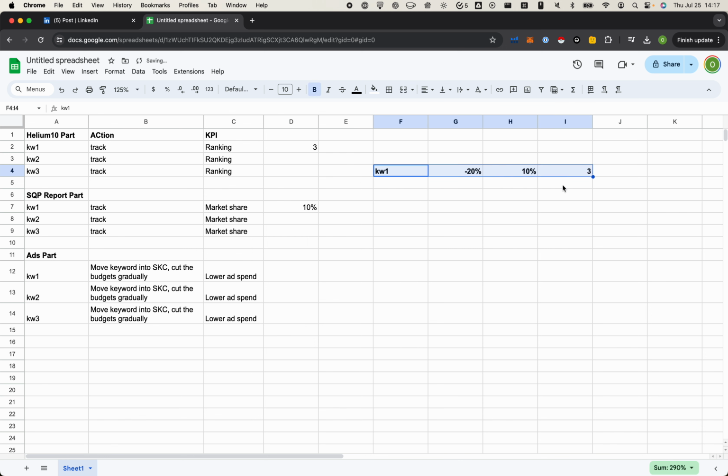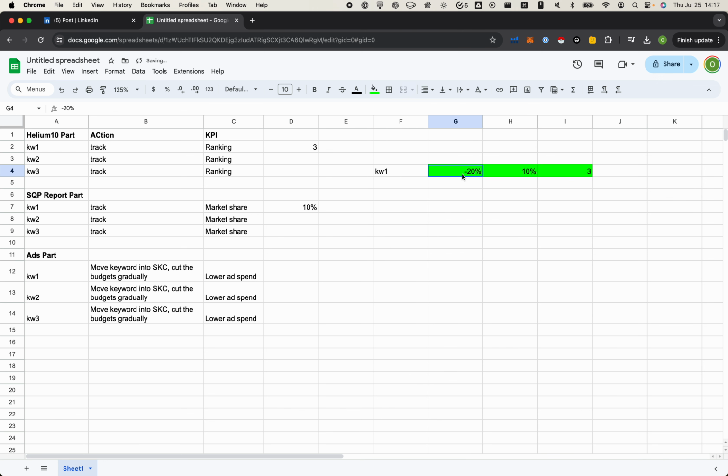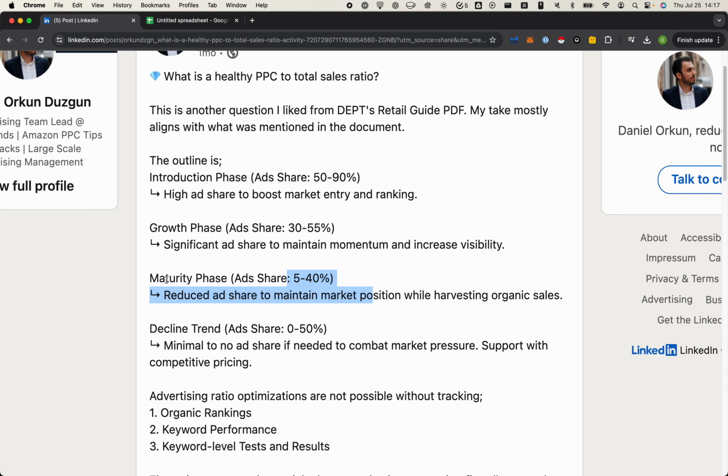So if this can be met, this is perfect. What happened is that we are still getting our organic ranking, we still have a perfect market share, but we actually cut down our advertising 20%, which is actually helping our TACOS to go down. So this is the part where I mentioned the maturity phase or hyper maturity phase, where we are cutting the advertising.